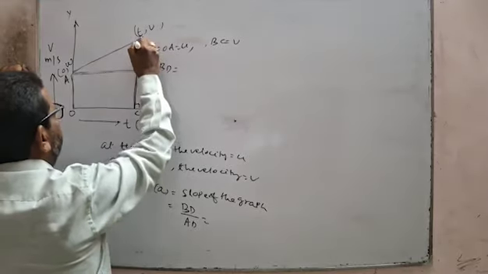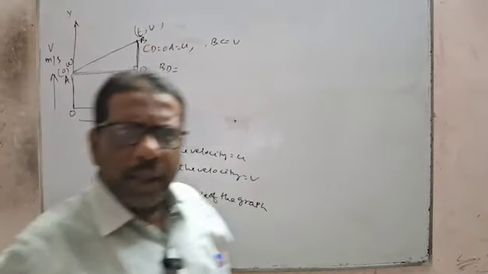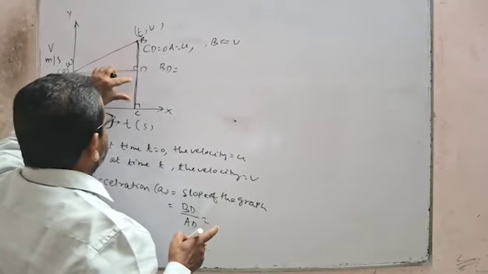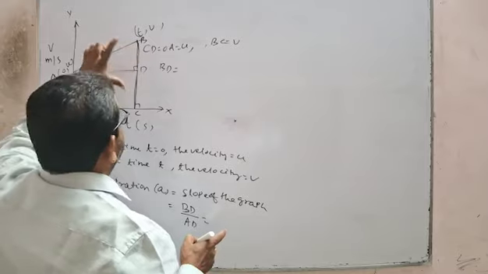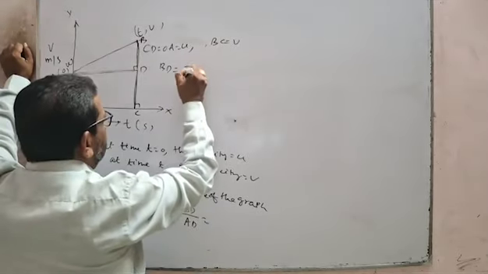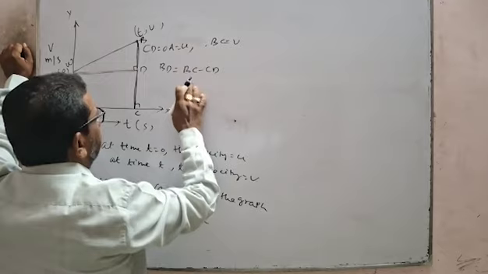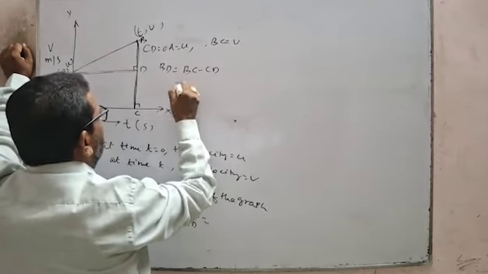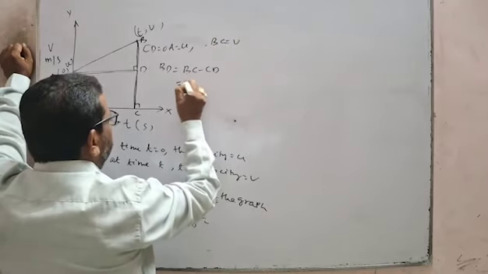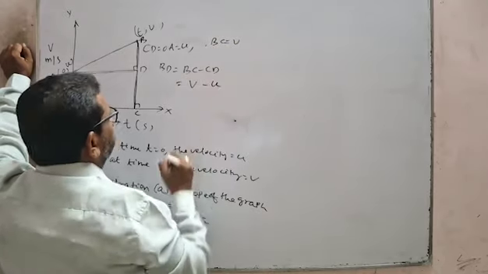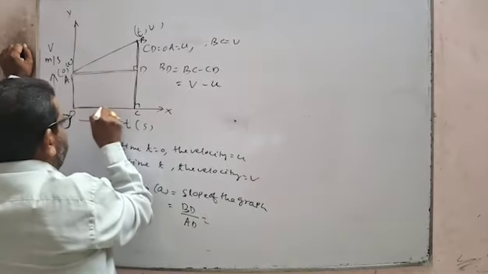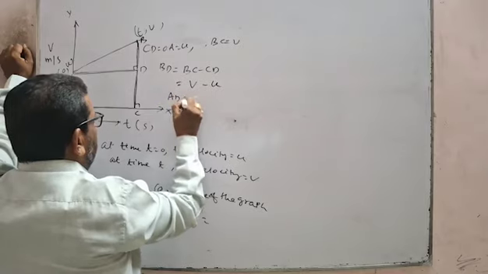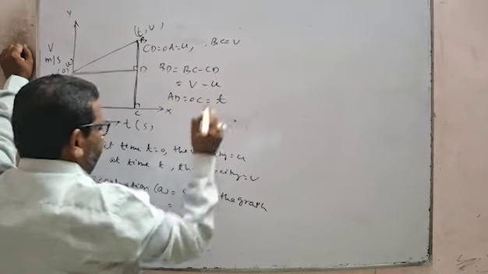BD you can find by subtracting CD from BC. BC is equal to v, CD is equal to u. And this is the time axis, OC equal to AD, so AD equal to OC equal to time t.